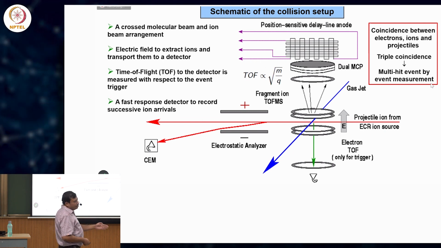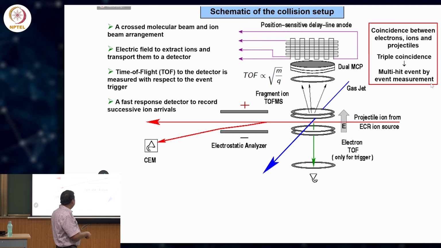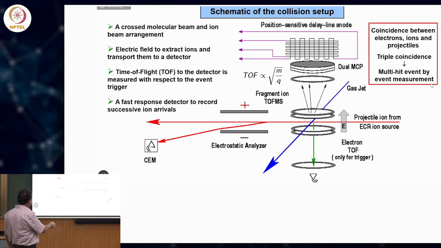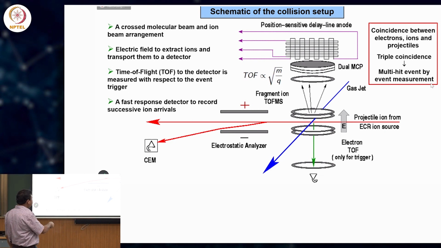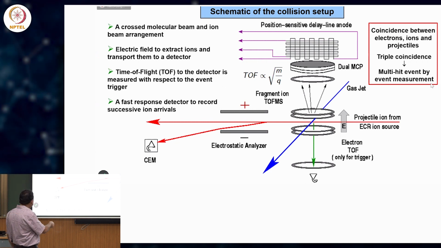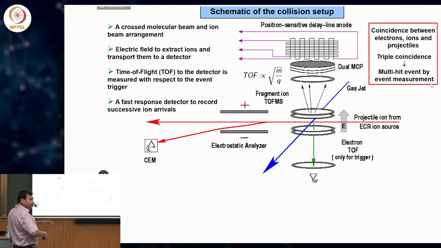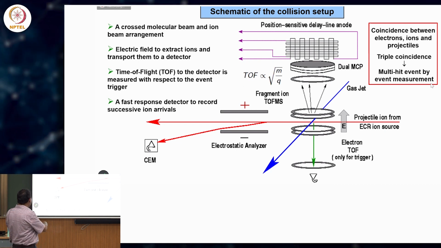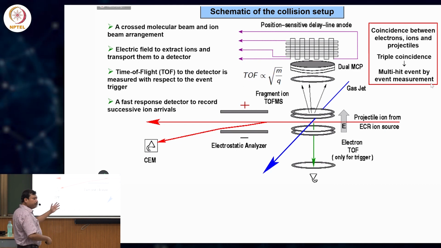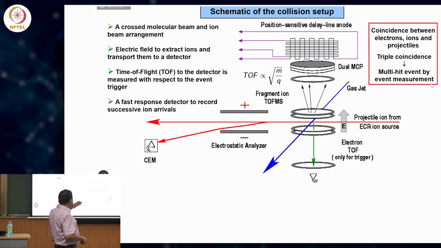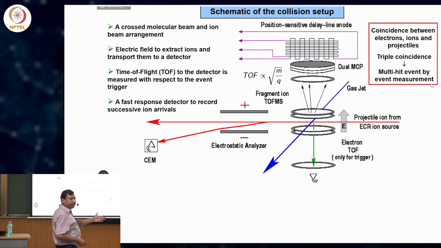Or if it collects 2 electrons, argon 6 plus. Then you separate those ions in an electrostatic analyzer, and you can detect either argon 7 plus or argon 6 plus, all of them by one detector, or you can image them one by one. So you can collect single electron capture, double electron capture.